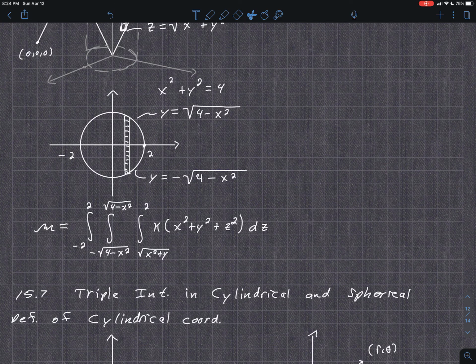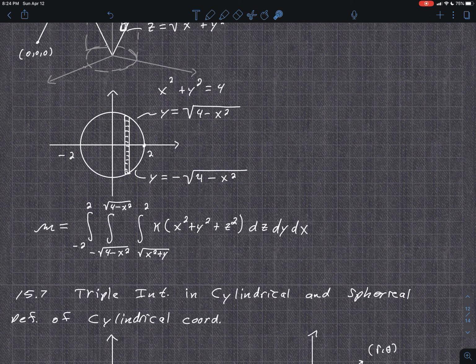Now that actual integral would be quite interesting to do. Maybe not too bad. Oh, almost forgot. This is then dy, because it's y equals to dx.